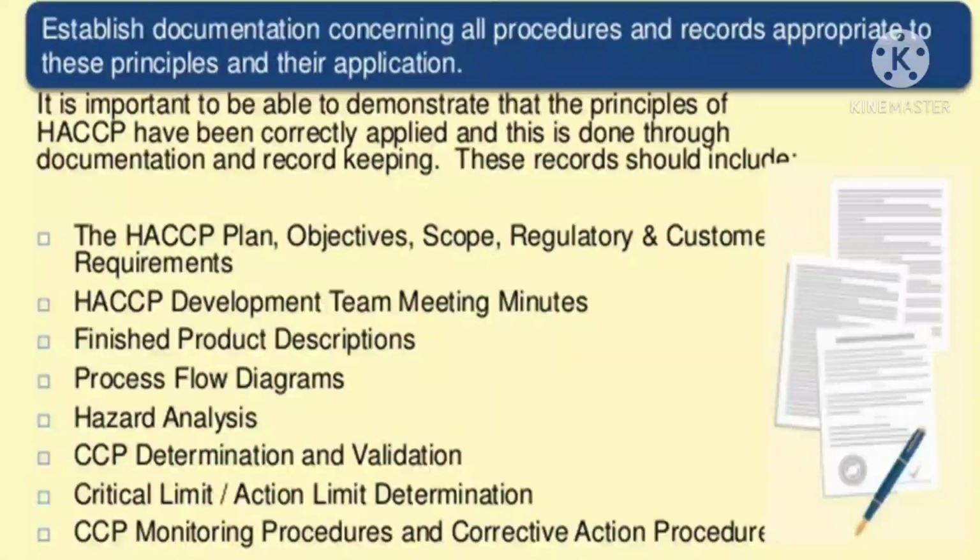These records should include the HACCP plan, objectives, scope, regulatory and customer requirements, HACCP development team meeting minutes, finished product descriptions, process flow diagrams, hazard analysis, CCP determination and validation, critical limit or action limit determination, and CCP monitoring procedures and corrective action procedures.